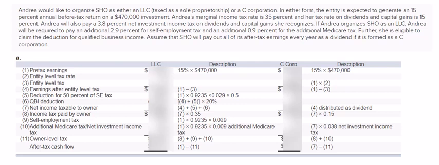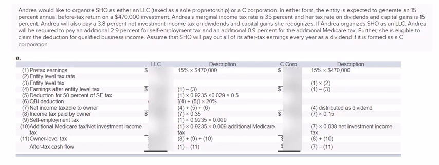Keep in mind that amount is different under an LLC than under the C Corp because of the self-employment tax that applies to an LLC but not to a C Corp. At that point we can add up the appropriate lines, which would be income tax paid by the owner, the self-employment tax, and the additional Medicare tax to come up with the owner level tax.